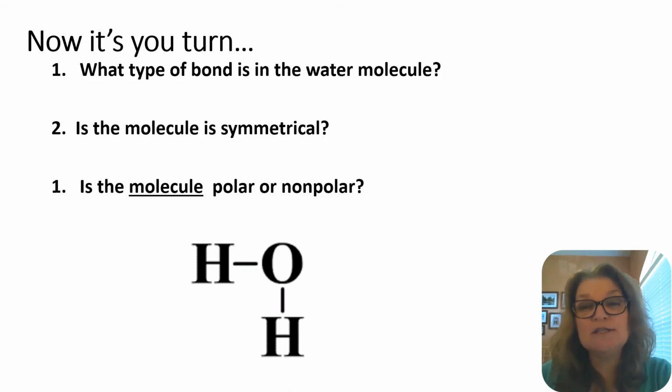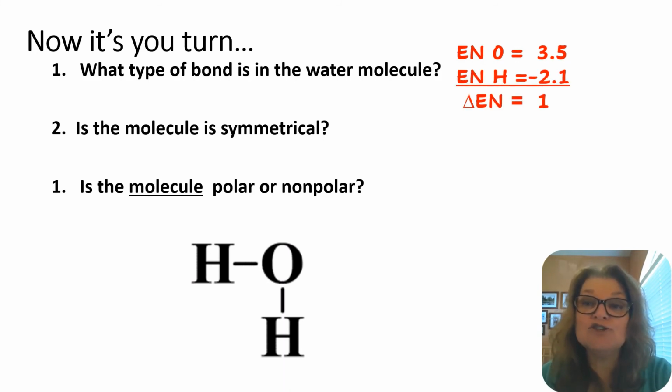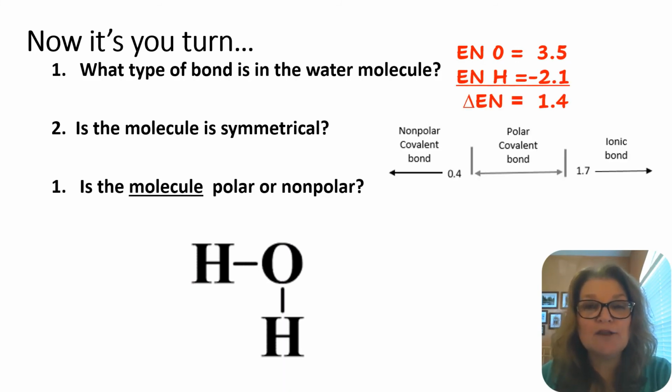All right, so the electronegativity of oxygen is 3.5 and hydrogen is 2.1. So we subtract those. Remember, you always want to subtract the smaller number from the larger number because we do want our differences to come out positive.